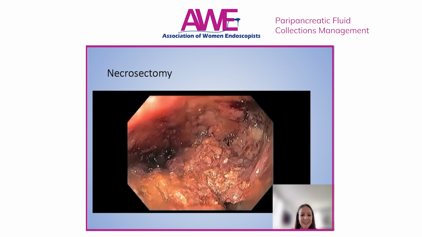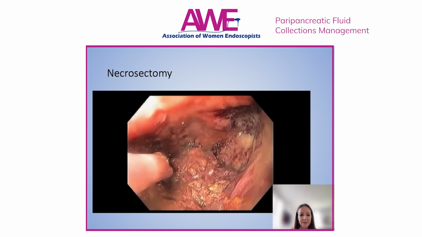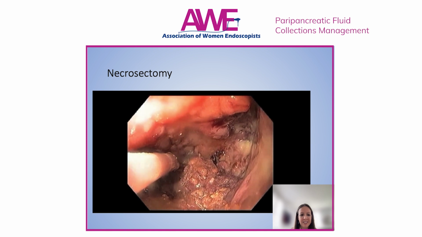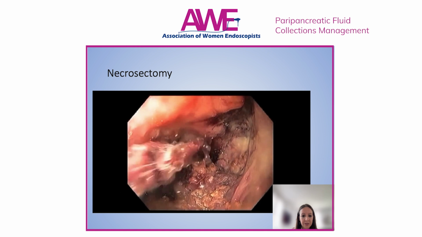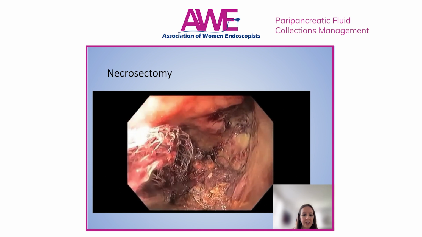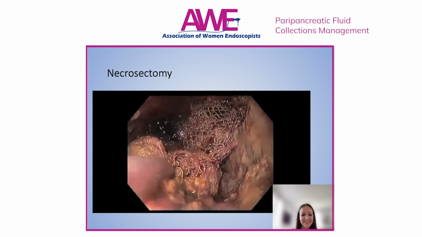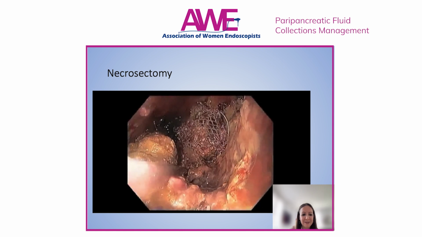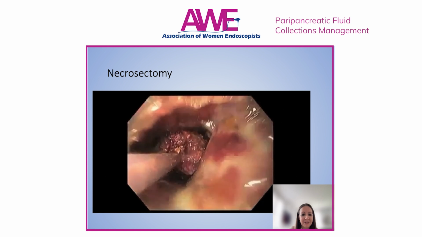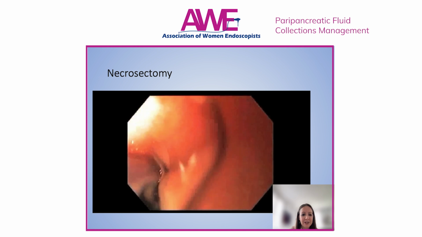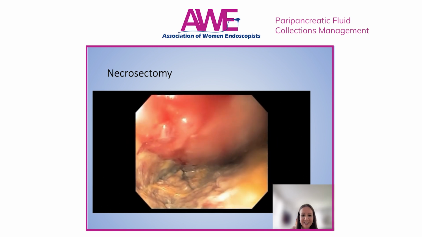There are new devices now that can actually vacuum up some of the necrotic debris, which can be great for that really sticky and thick necrosis that maybe is too slimy, for lack of a better word, to come through a device like this, but too thick to be suctioned. So an exciting area for sure, but certainly one that requires patience, as you can see, it can be quite tedious.